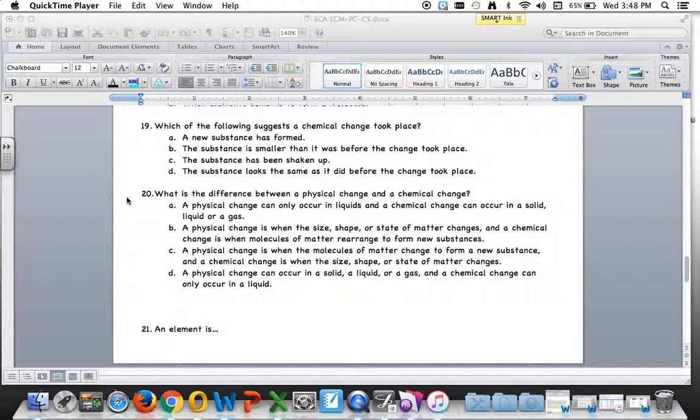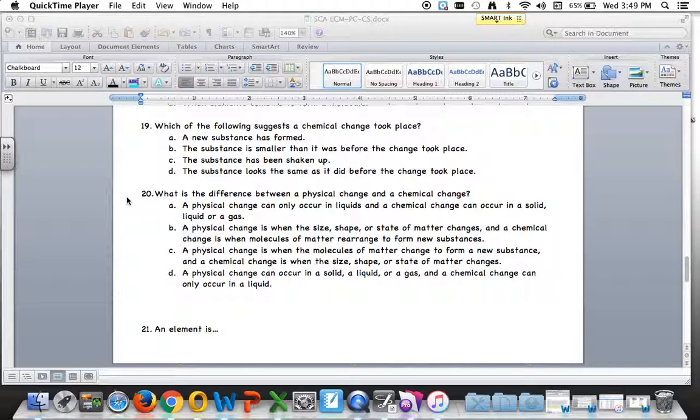20. What is the difference between a physical change and a chemical change? A, a physical change can only occur in liquids, and a chemical change can occur in a solid, liquid, or gas. B, a physical change is when the size, shape, or state of matter changes, and a chemical change is when molecules of matter rearrange to form new substances.